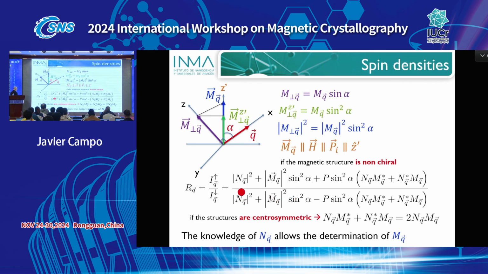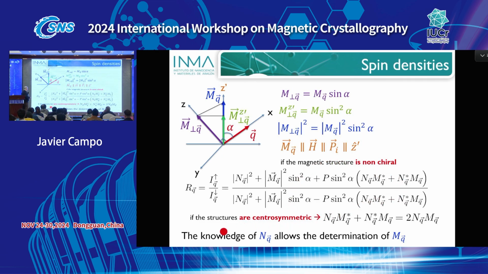That means that if I have a good knowledge of the nuclear structure, that, for example, I can measure the nuclear structure in one experiment without polarized neutrons, I can go back by measuring the flipping ratio. I can extract the magnetic structure factors, because the polarization I know, and N is well known. There are some problems.